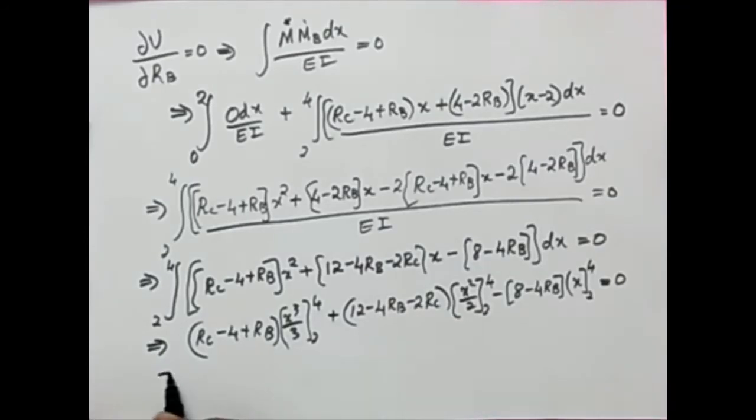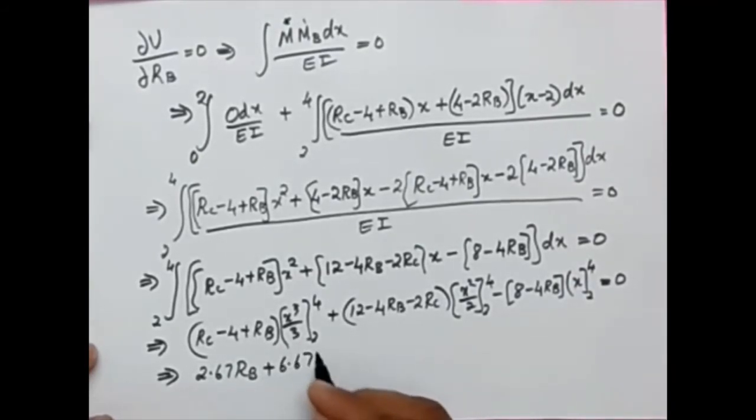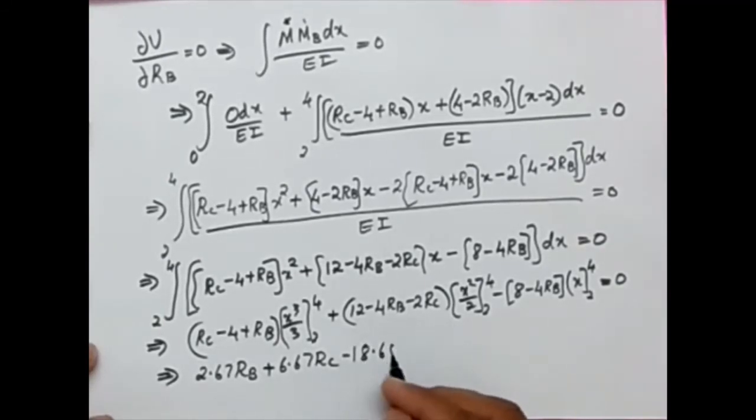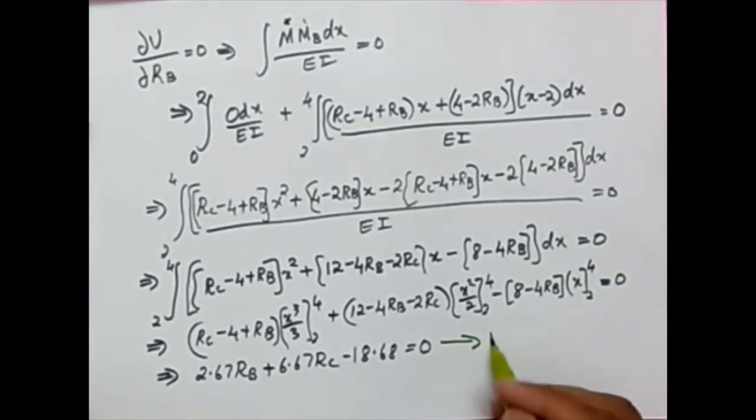And I'm going to get an expression which is going to look something like this. 2.67 rb plus 6.67 rc minus 18.68 equal to 0, which is my equation number 1. Okay, from dou u by dou rb I got my equation 1.